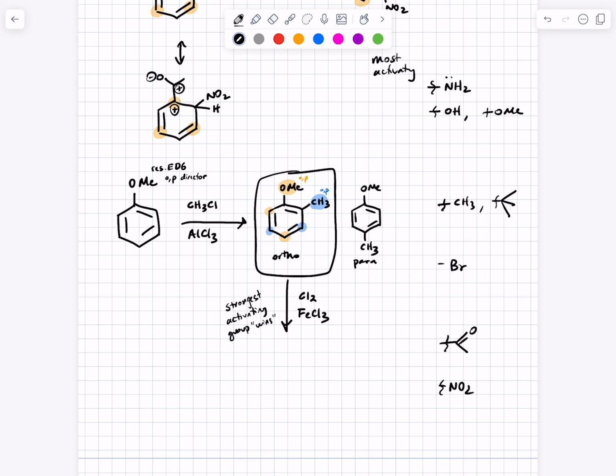So you can use that to get an idea of which groups are more activating, more electron donating, and then you just pick the one that donates best. For the activating groups, generally the resonance donors are better than the inductive donors. And then among the resonance donors, it really tracks very well with nucleophilicity and electronegativity. Why is nitrogen a better donor than oxygen? Because nitrogen's less electronegative. Okay?